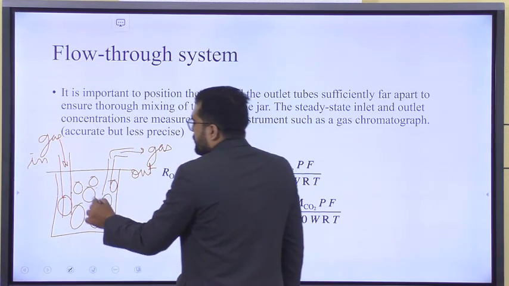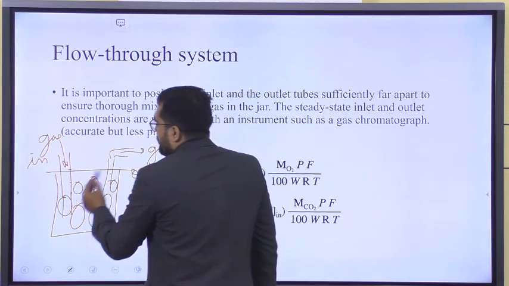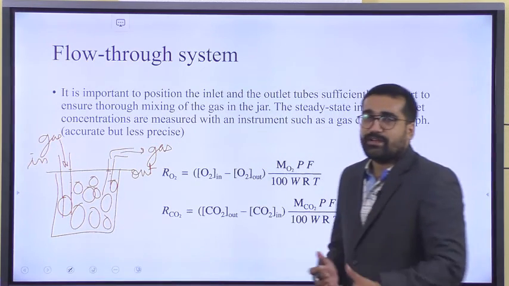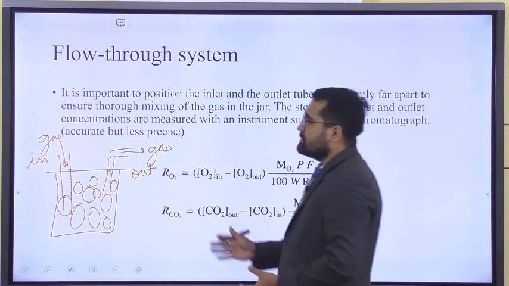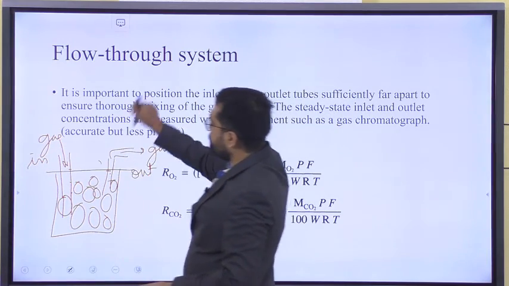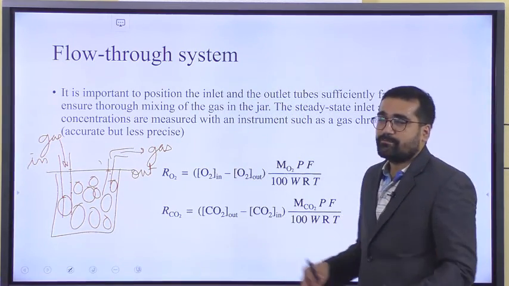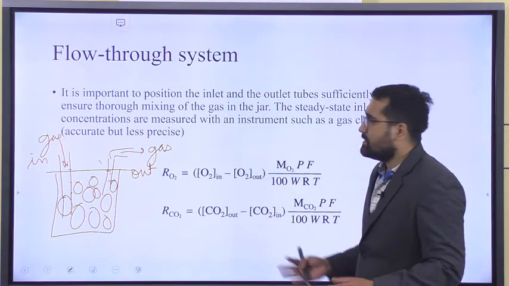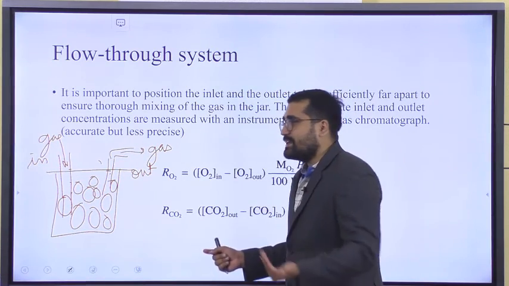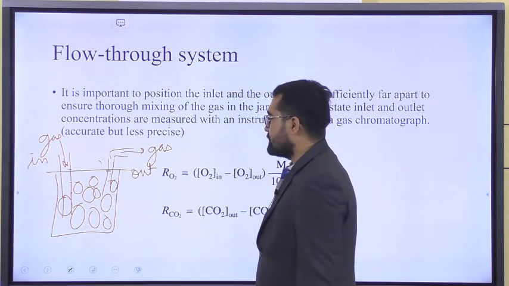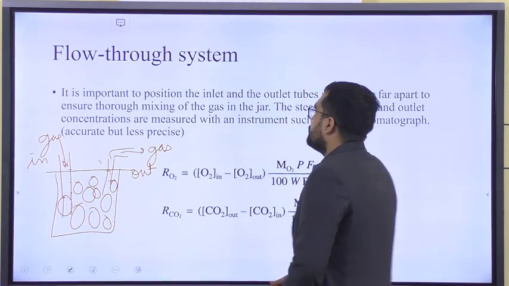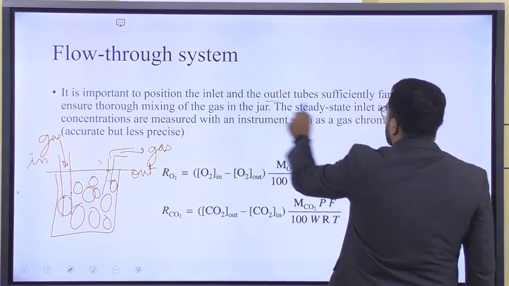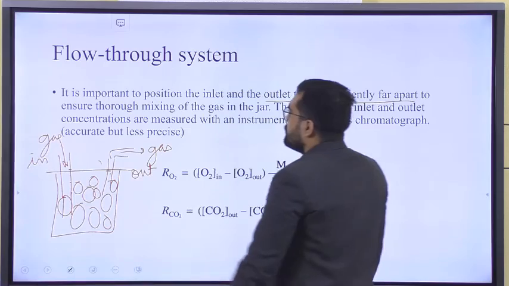If these two, inlet and outlet, are very near to each other, then what happens? The gases will come and escape directly. Instead of mixing with the product, they will escape directly, and that will again lose the energy and degrade the quality of the product.